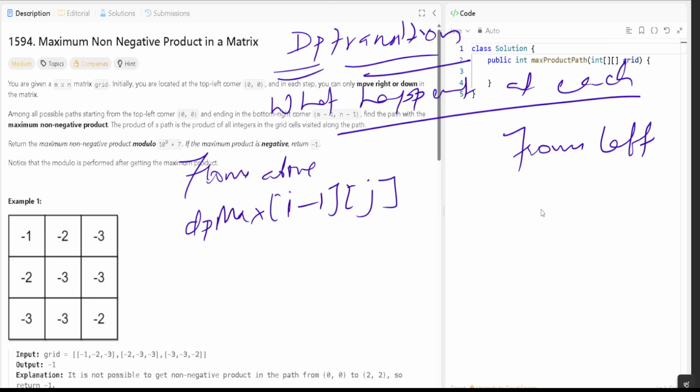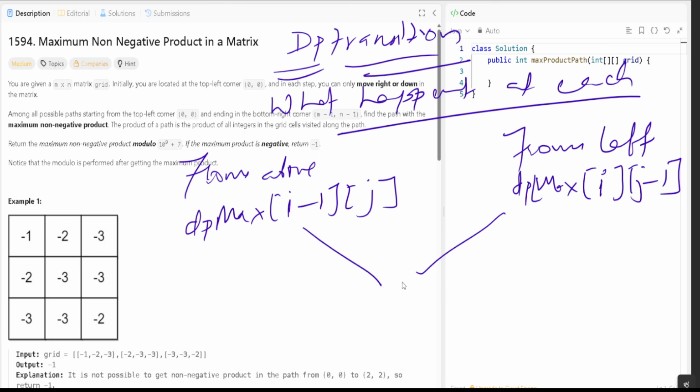What is coming from the left? There will be some value, dp max of i, j minus 1. And this will give you two results at each cell. And which cell are we at? We are at the current cell, call it i and j.